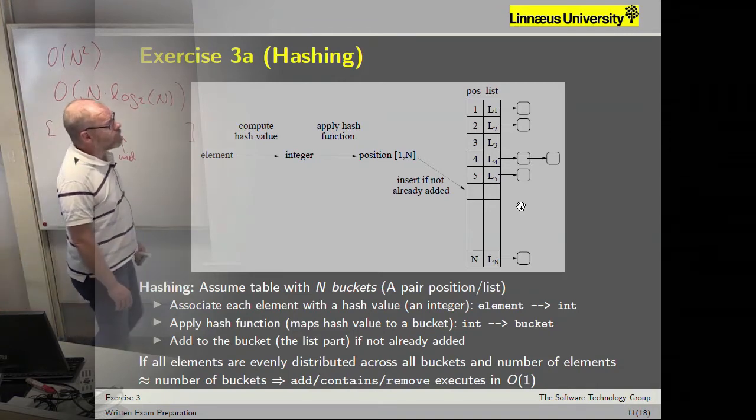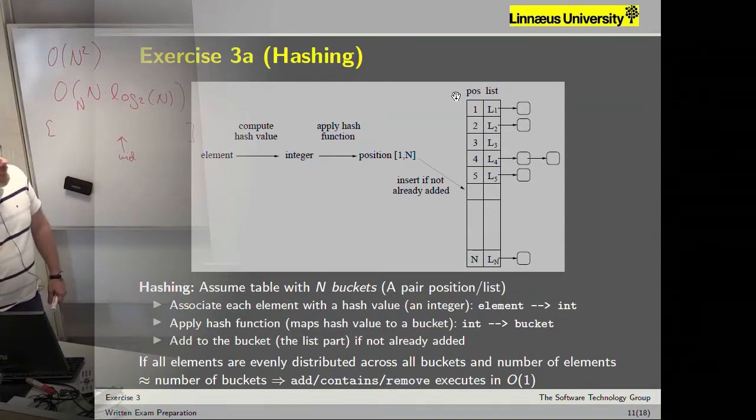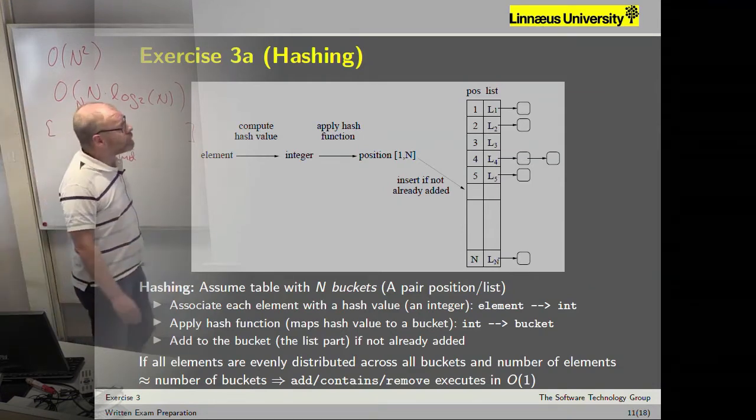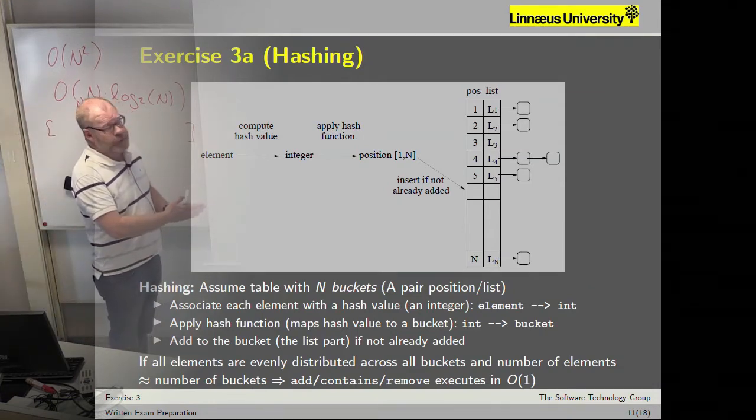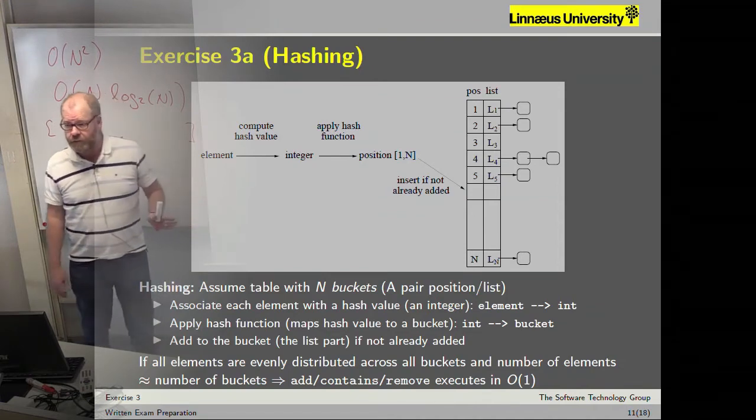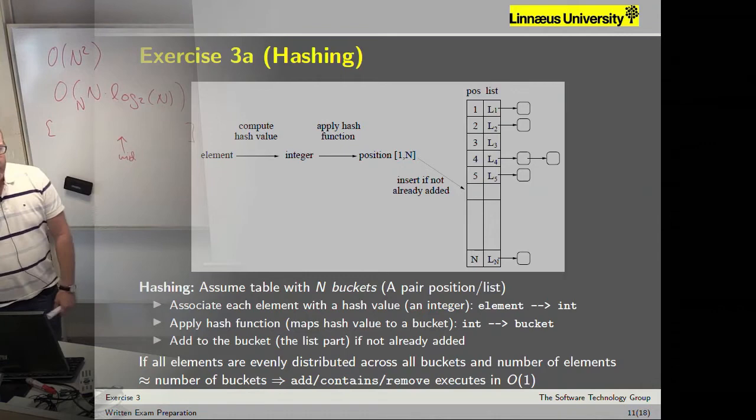And given the assumption that our hash function and this hash value provides an even distribution over all buckets, and that we have the same number of buckets as we have elements inserted, the average length of this list will be 1 in that case. And we have just a finite number of computations to check whether an element is there or not there. Did you get the idea?